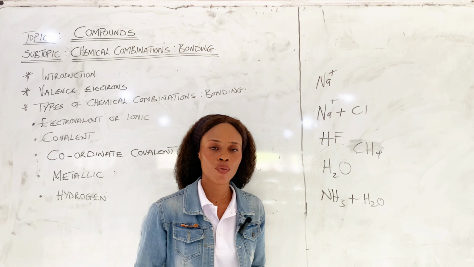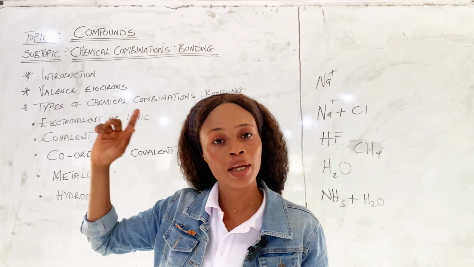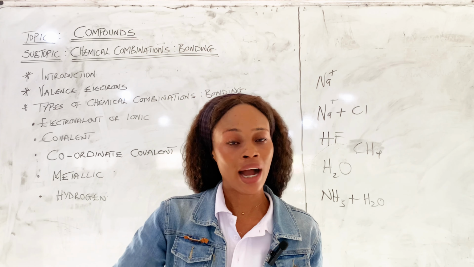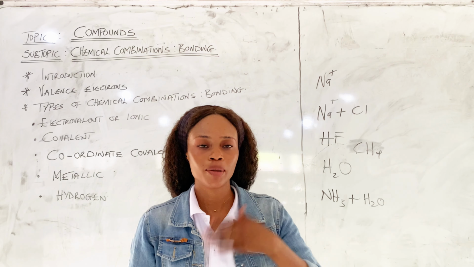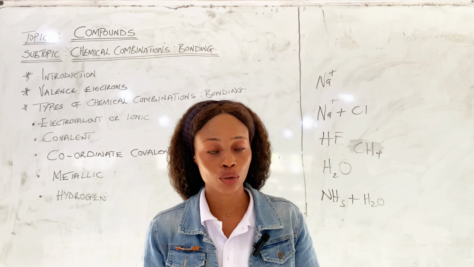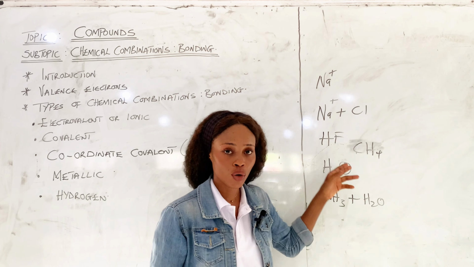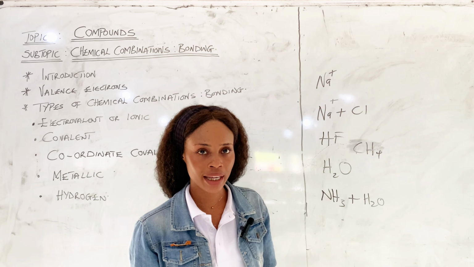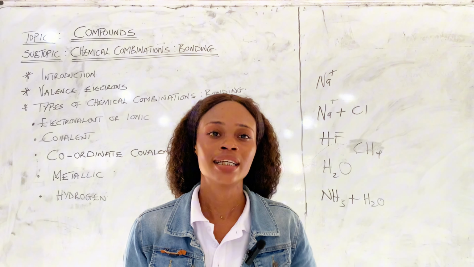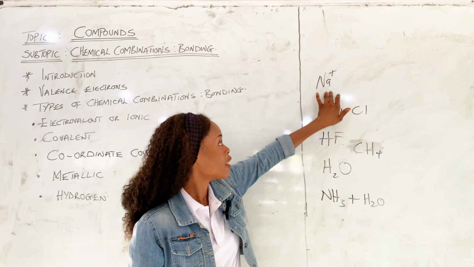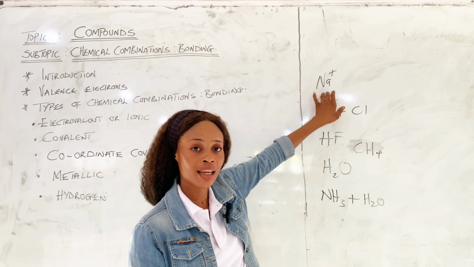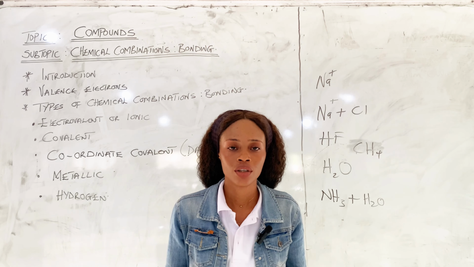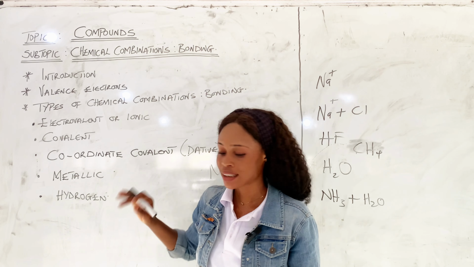Remember when I was talking about covalent and ionic bonding, I said ionic bonding is the type of bonding that exists between a metal and a non-metal. So you have the electron donor and the electron acceptor. So your metal atoms carry a positively charged nuclei. So metallic bond is the type of bonding that exists between the positively charged nuclei of a metal atom and a sea of mobile electrons. So that is for your metallic bonding.